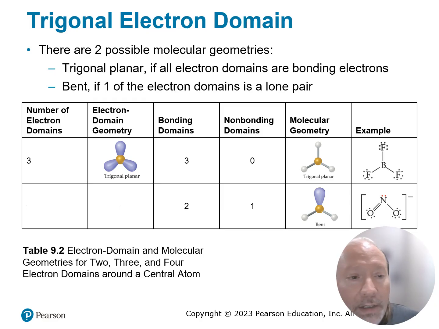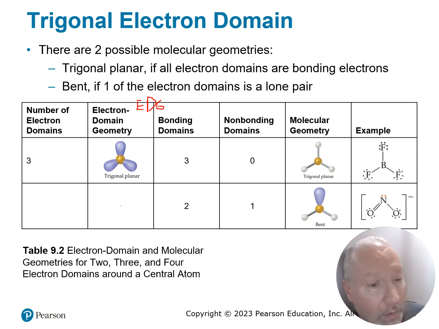For example, we did linear earlier, which was two electron domains, and we see the last video for that one. Here we go to three electron domains. The EDG, or the electron domain geometry, right? That's the way that we abbreviate it.